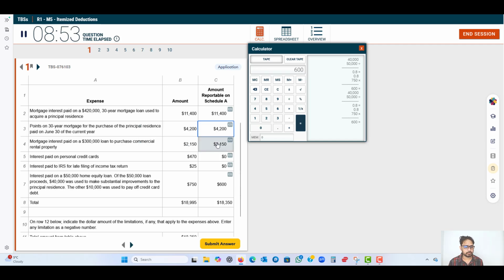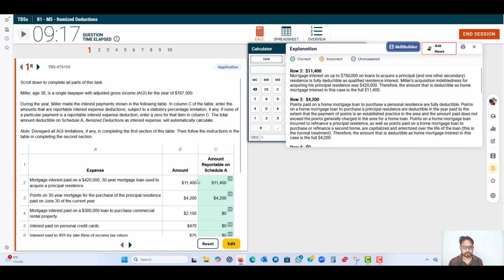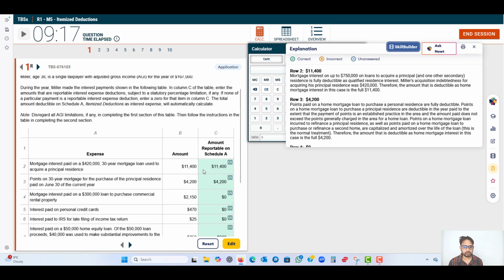And mortgage interest paid on personal commercial rental property is basically reported on a Schedule E. So it is deductible, but it is reported on a Schedule E, and in your Schedule E you should have a business rental property income and expenditure. Okay, so that looks good. We hit on submit. Now everything is correct.